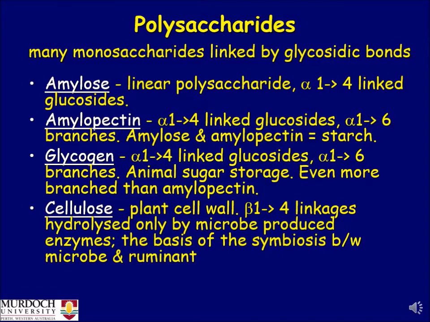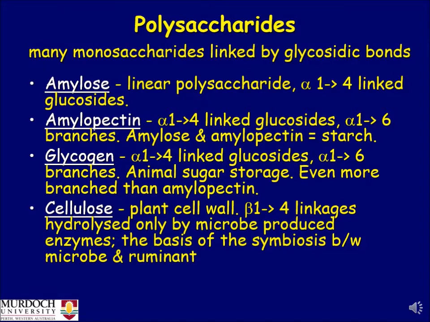And amylopectin is a very similar molecule, but it's got branch points, what we call alpha 1,6 linkage branch points. And when you combine amylose and amylopectin together, you get what we've all heard of as being starch. And starch is the main way that plants store carbohydrate for their own energy use.